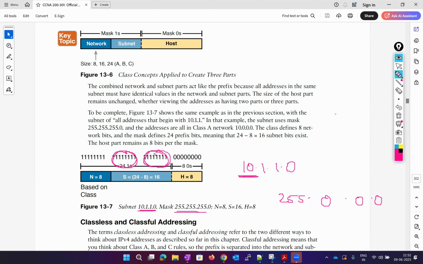But when we are doing classless addressing or subnetting, we converted all these zeros into ones. Basically, we borrowed those zeros from the default address mask and converted them into ones.